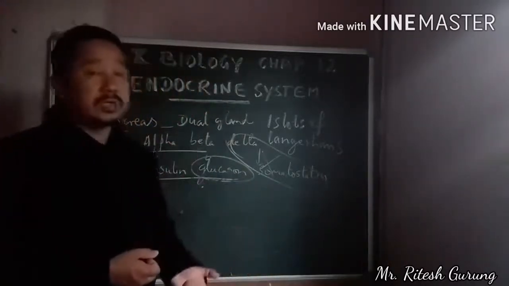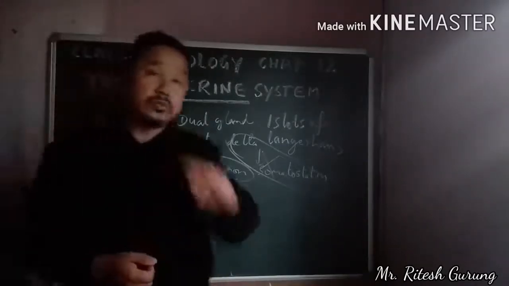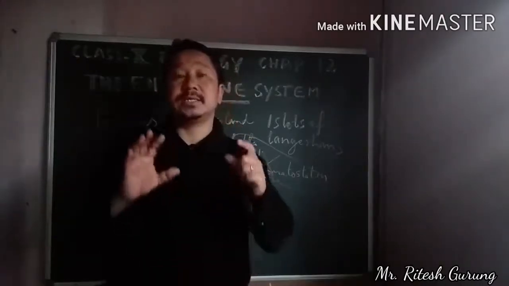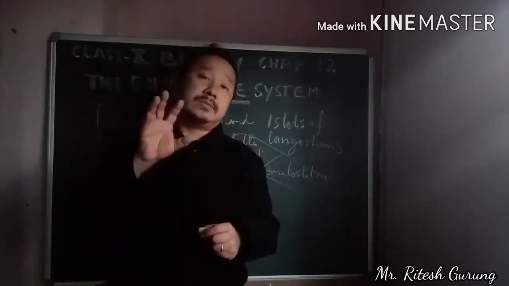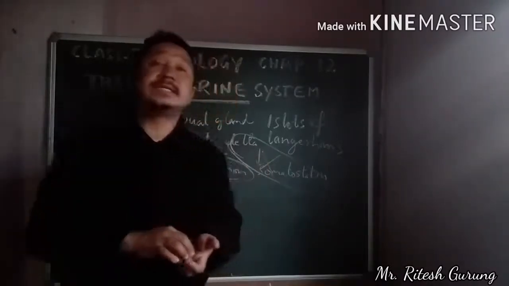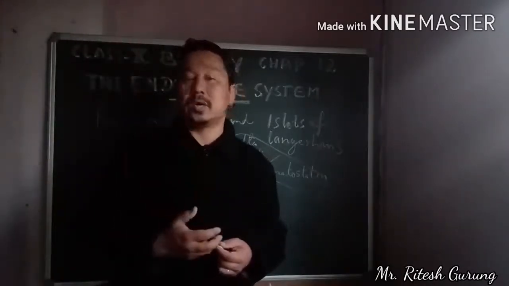How does it check the sugar level in the blood? It does so in two ways. Number one, it influences the cells of the body to make use of the sugar. It promotes the cells to utilize the sugar or glucose.